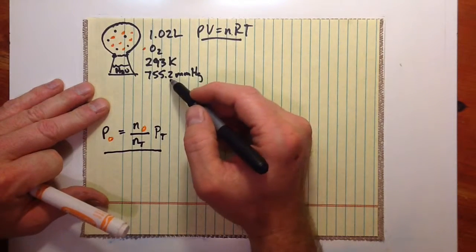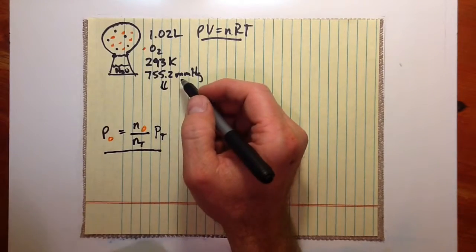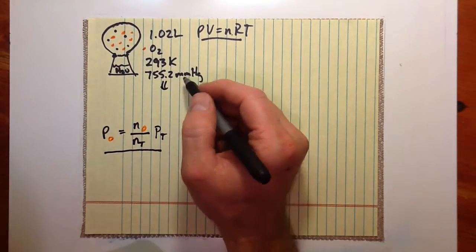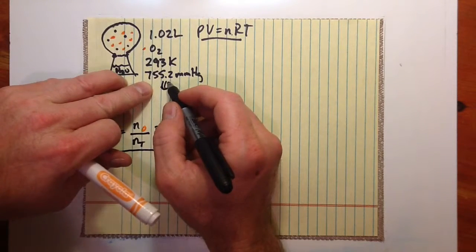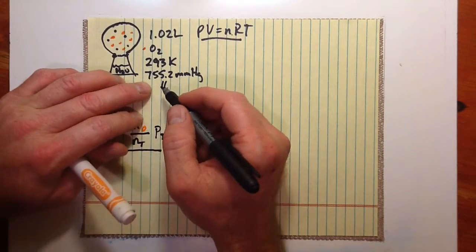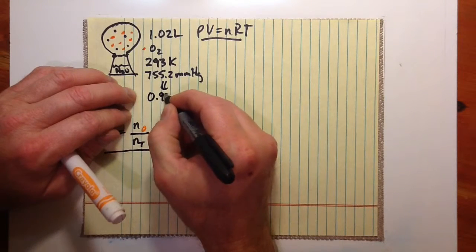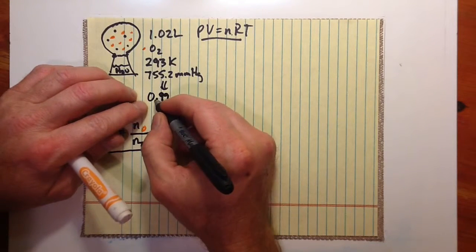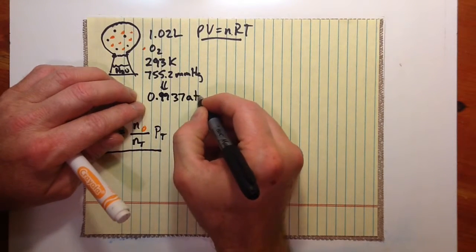We'll take the pressure and have to convert that to atmospheres using 760 millimeters of mercury to divide this by. So if we do a division of 755.2 by 760, we'll get 0.9937 atmospheres.